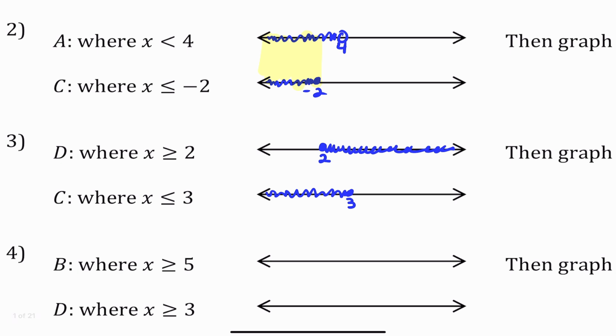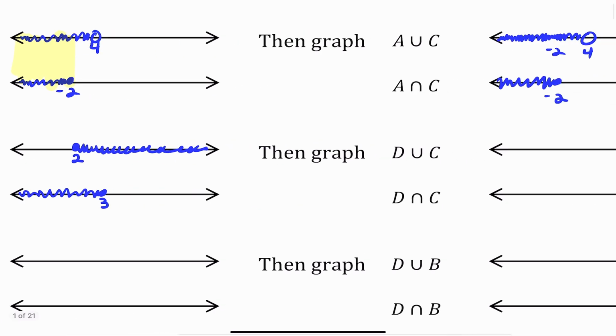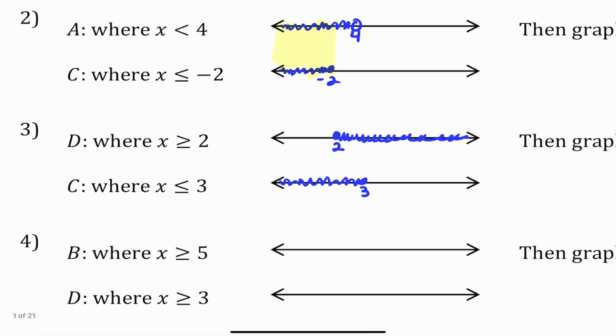So if I'm talking about D uniting C, well, notice that I'm going to hit every number that I can think of on the number line. From 2, I am going to approach positive infinity. And from 3, I'm going to be approaching negative infinity.